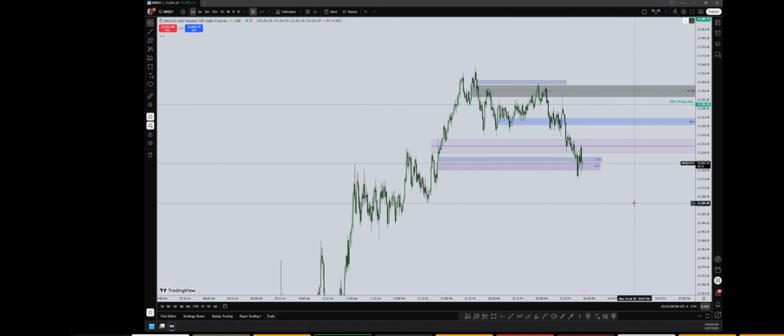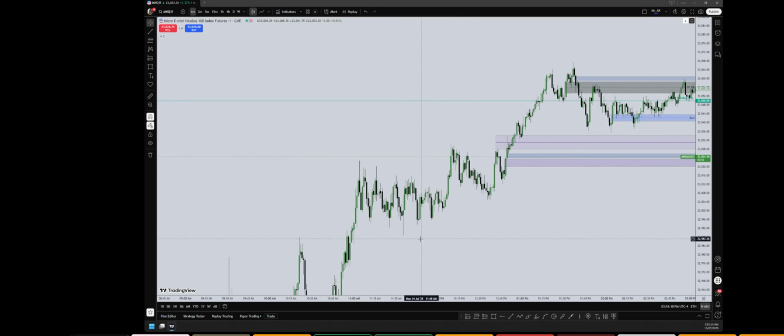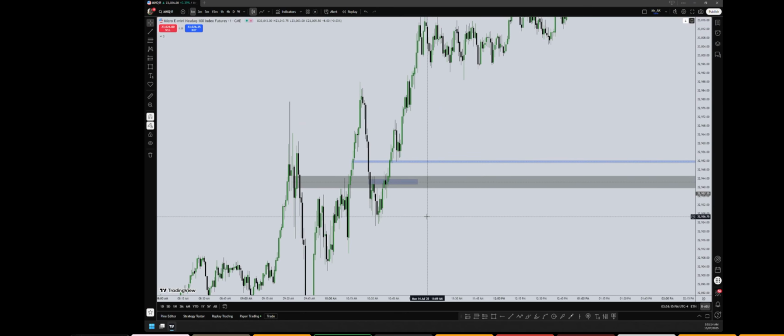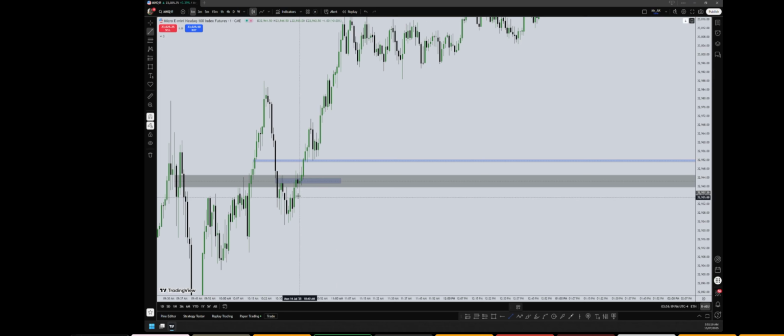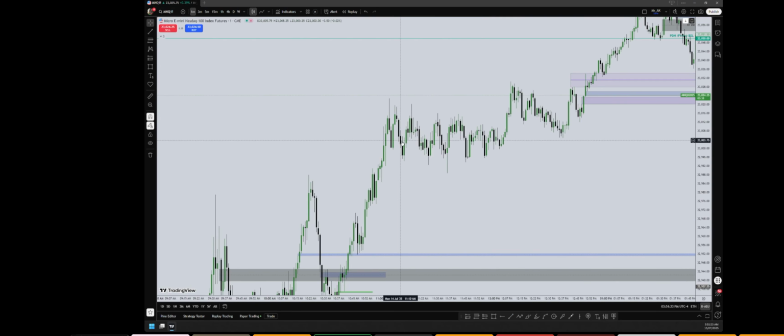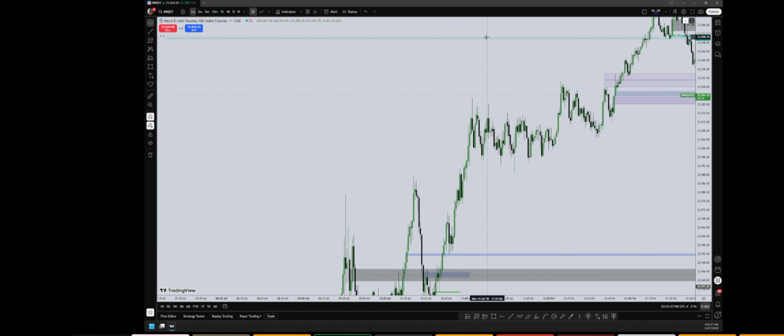That's the whole point. For example, I was in an entry over here, from this level, and I closed the trade just because it was taking too long to go for this liquidity.